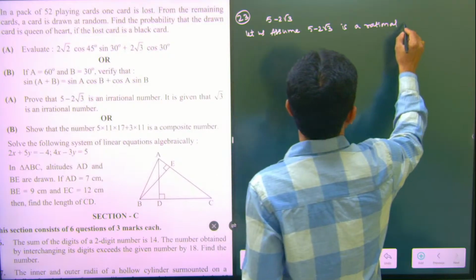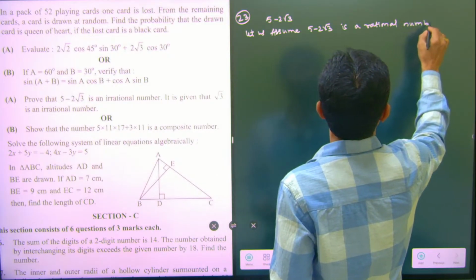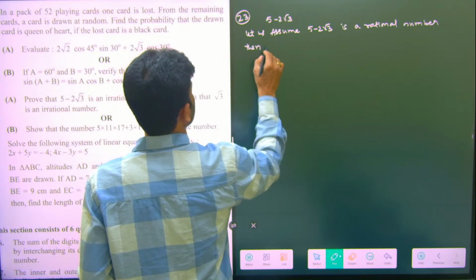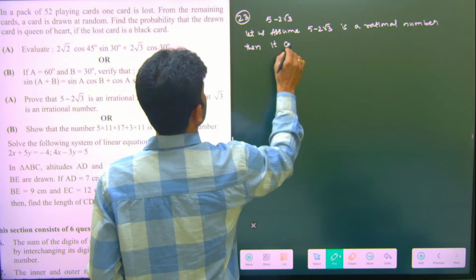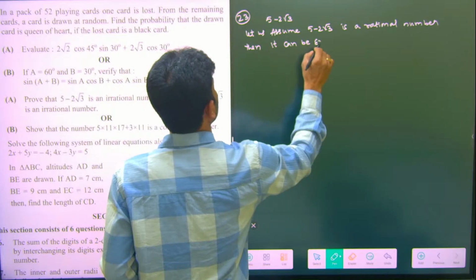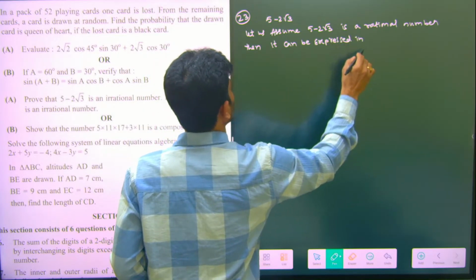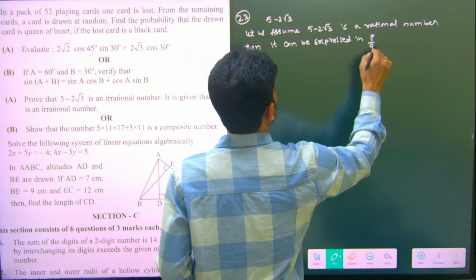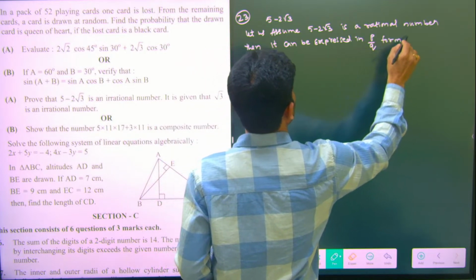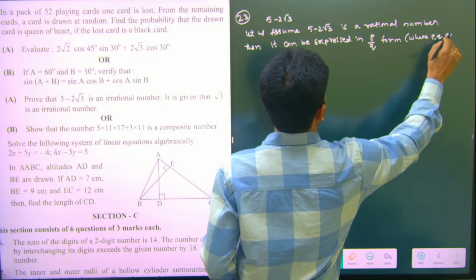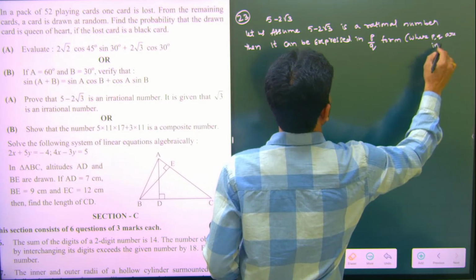We will take that as a rational number, then it can be expressed. Because it is a rational, it can be expressed in P by Q form, where P comma Q are integers here.